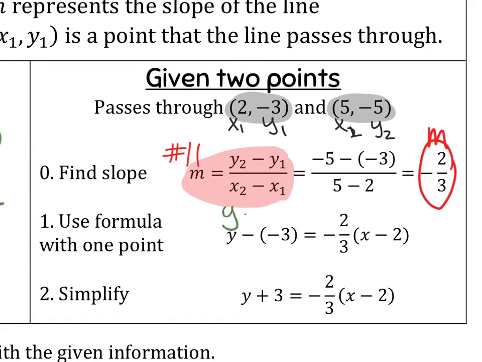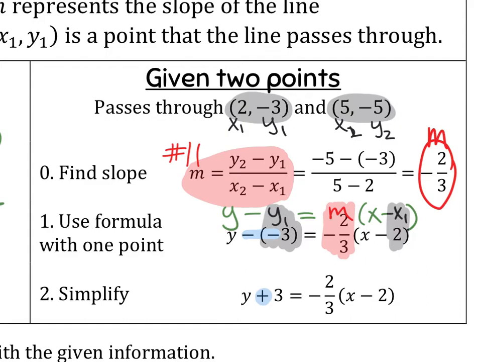So I can fill in y minus y1 equal to m times x minus x1, because we found the slope and they gave me x1 and y1. Then I just do the quick simplification and I'm good to go. So when I give you different information, you have to do different things. You always need a slope and a point. So if I don't give you the slope, you have to find it. Let's do an example problem together, then I have one for you to try.